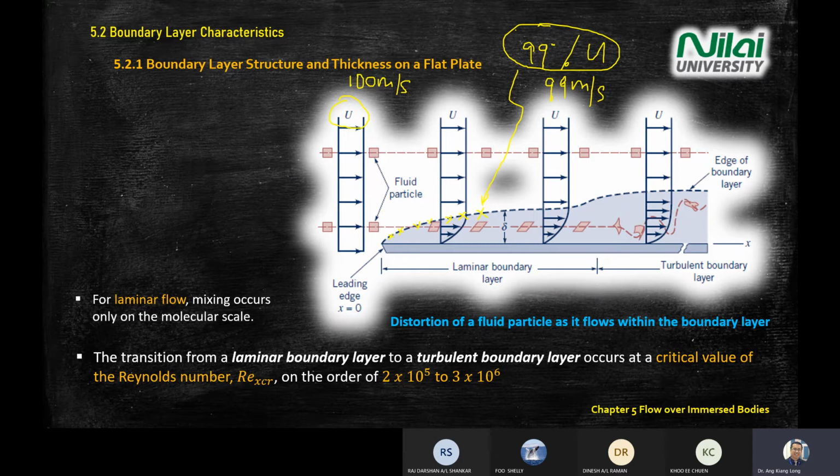You plot based on 99% of the velocity. So when you plot, you try to measure the velocity above this plate, you get 99 meter per second. Then you plot. Then you get the shape of this gray area. And here you see the mixture of laminar and turbulent region. Okay.